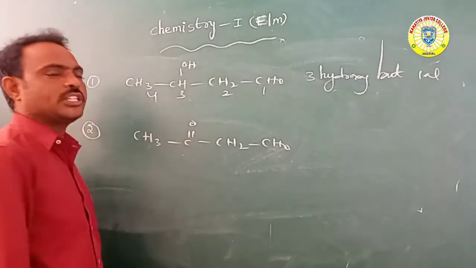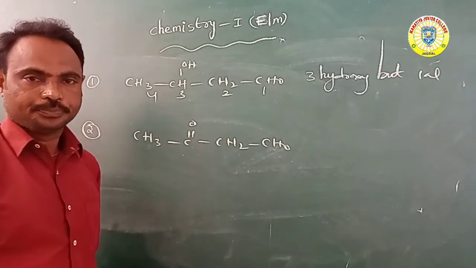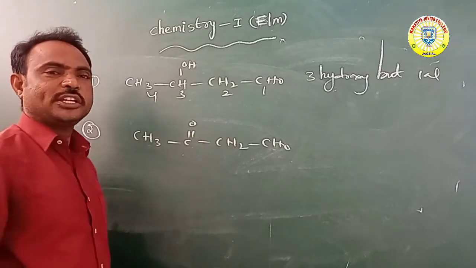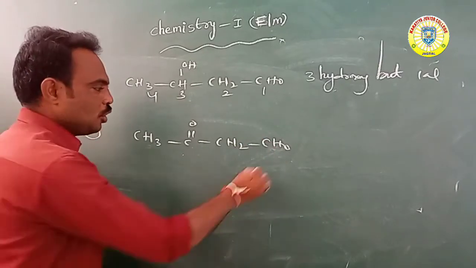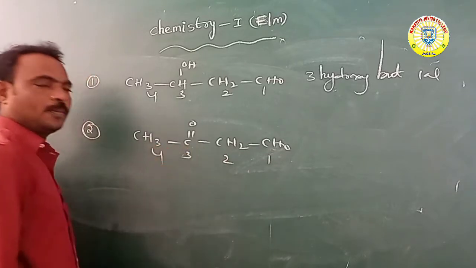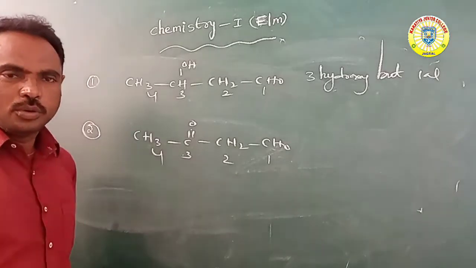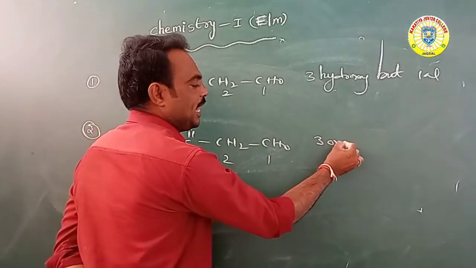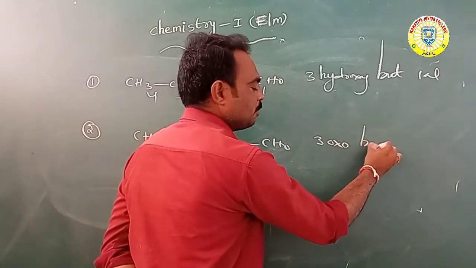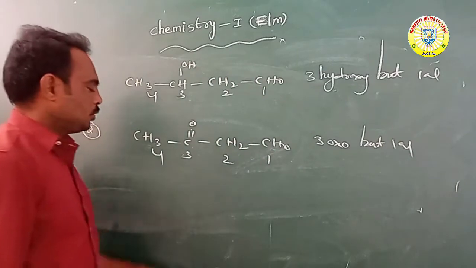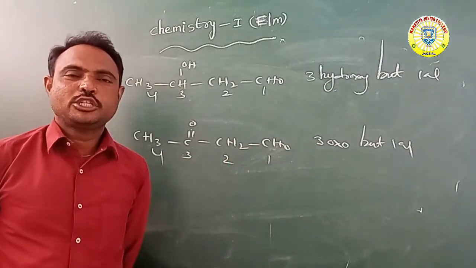Or suppose we take another example. It contains two functional groups: an aldehyde functional group and a ketone functional group. Between these two functional groups, we give the number from the aldehyde functional group side, 1, 2, 3, 4. Overall the third carbon is attached with the C double bond O, so we write 3-oxo. There are 4 carbons, butanal, with the first carbon being the CHO aldehyde.